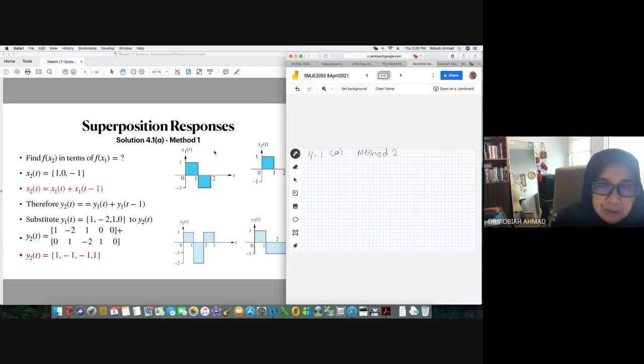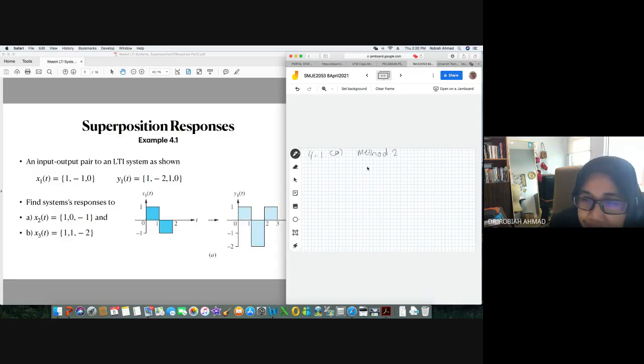Still 4.1 A, method 2. In method 2 we look at the input-output relationship from earlier. We have y1, x1 at 0, 1 and 2, and then from this our y1 at 0, 1, 2, 3.